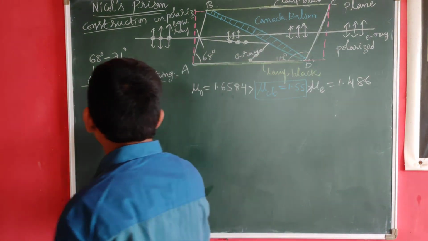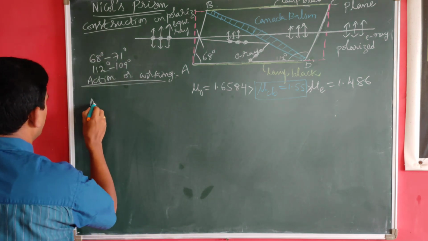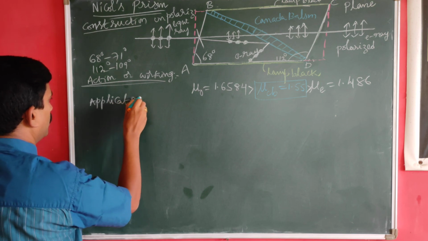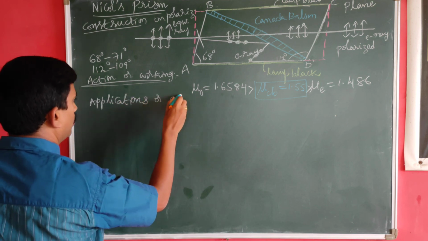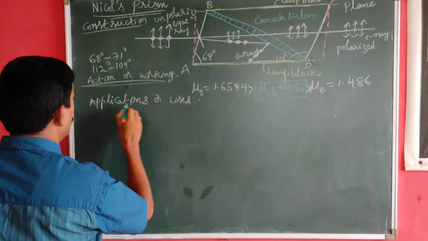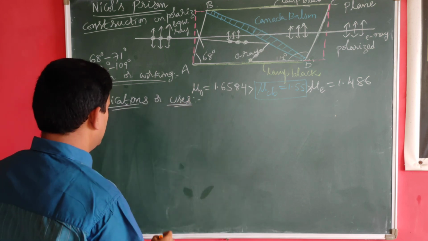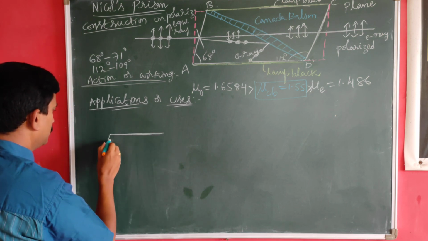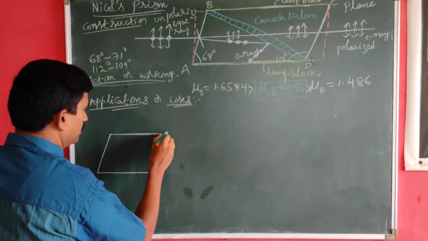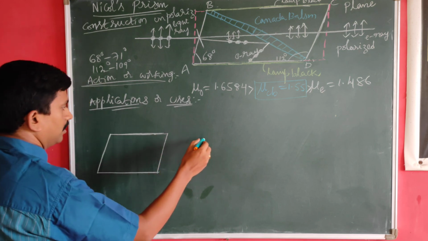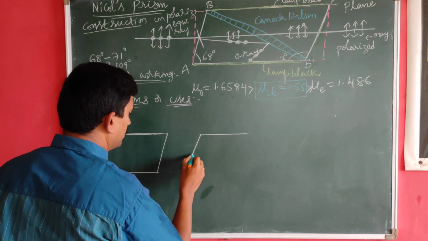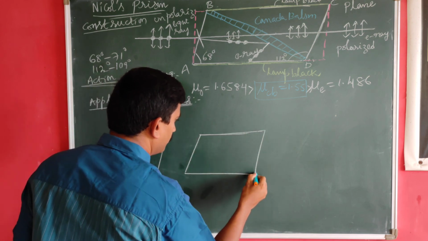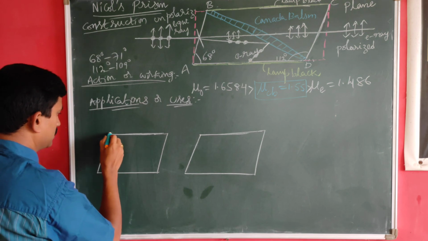Now coming to the applications or uses of the nickel prism. How is the nickel prism used? In the sense, whenever two nickel prisms are placed one behind the other in an optical microscope, it is used for studying the optical properties of the crystal.